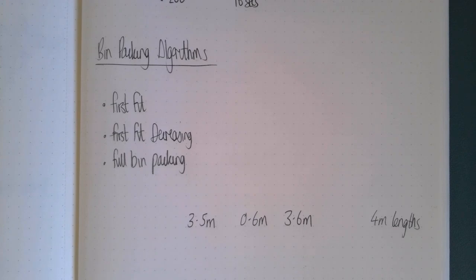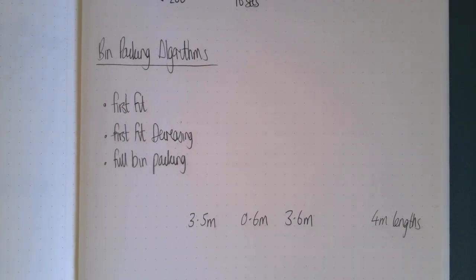If I add those lengths together, I get less than 8 metres. 7.7 metres. So really, I should be able to provide people with these bits of wood and only use 2 of my 4 metre lengths.